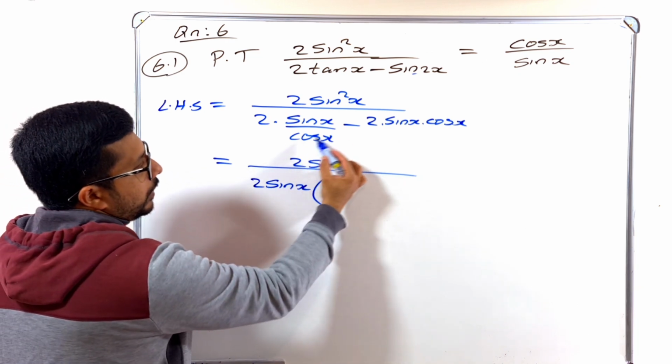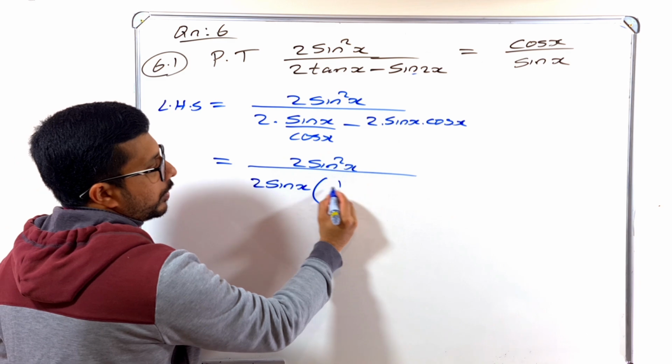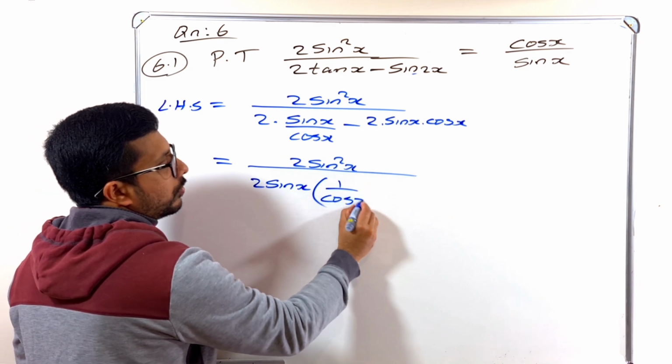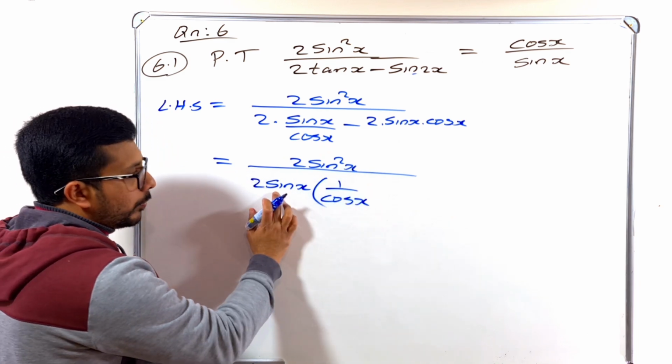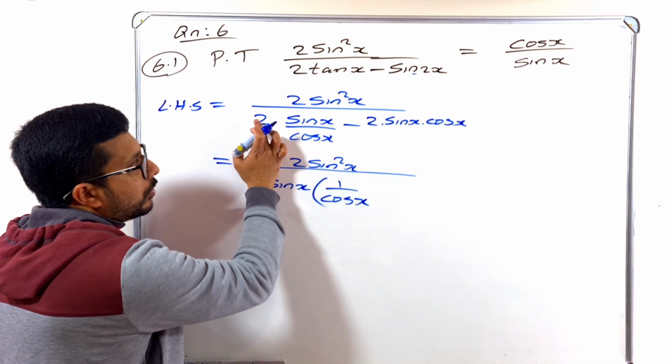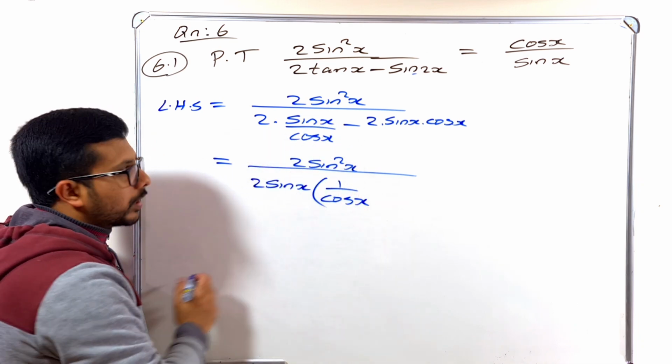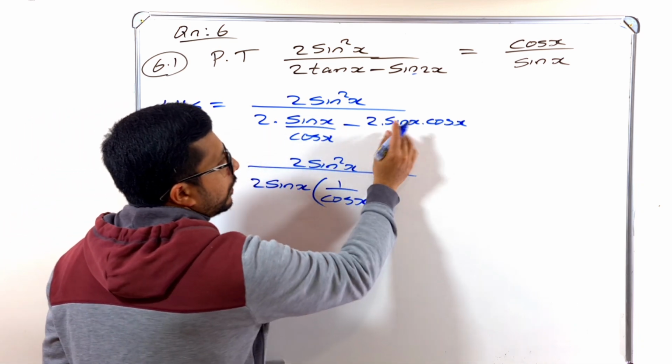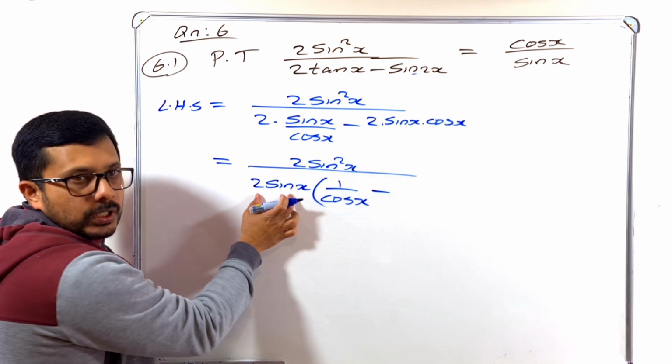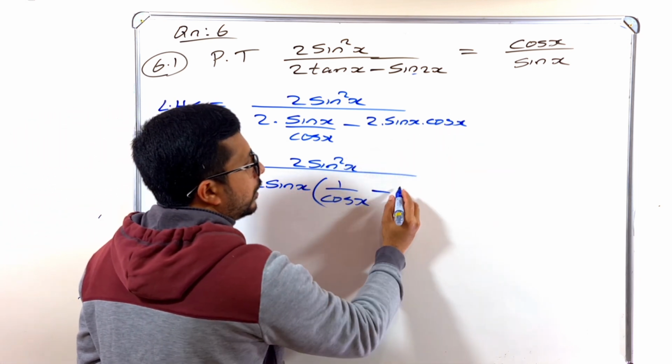So what is remaining here? Only this cos x in the denominator, like this, 1 over cos x. Then you multiply 2 sin x into 1, that is 2 sin x divided by cos x. Then minus, this 2 sin x we already took as common factor. So what is remaining here?